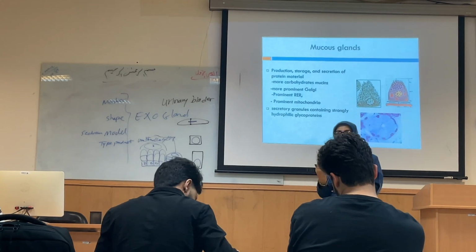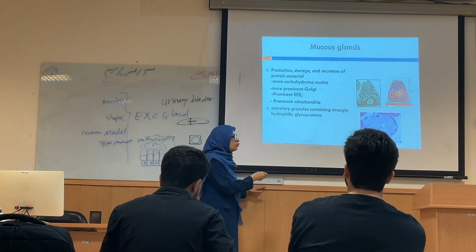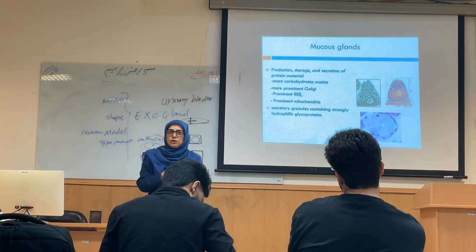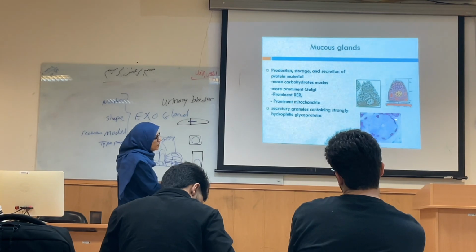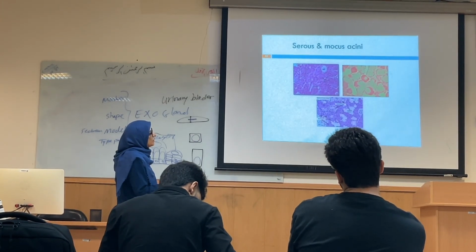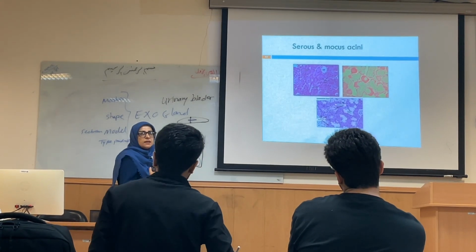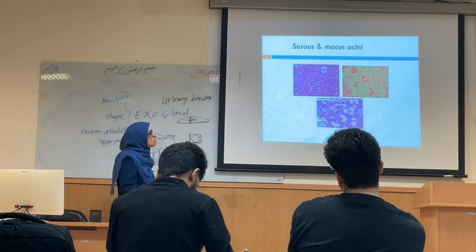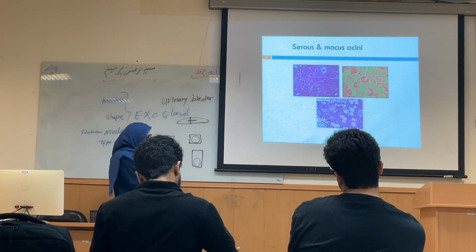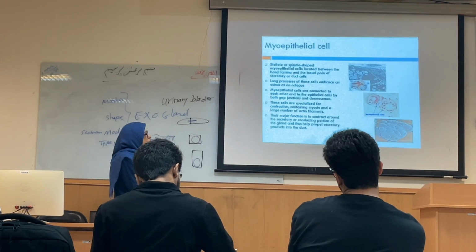The mucus cells have white cytoplasm, poor stain, and a flat nucleus attached to the basal surface, located in the peripheral part of the cell. We can see them in the salivary glands and in the goblet cells that are in the respiratory system. We won't see them in these cells, you just need to know about them.